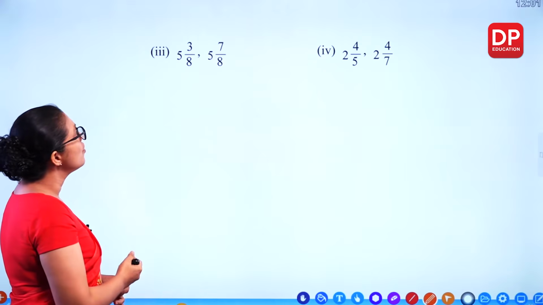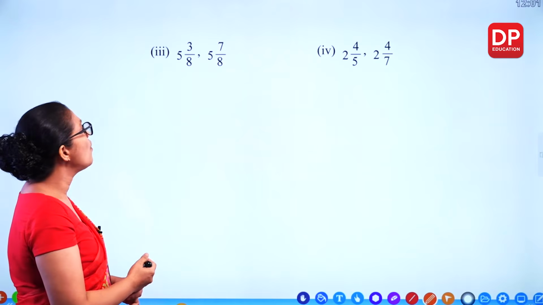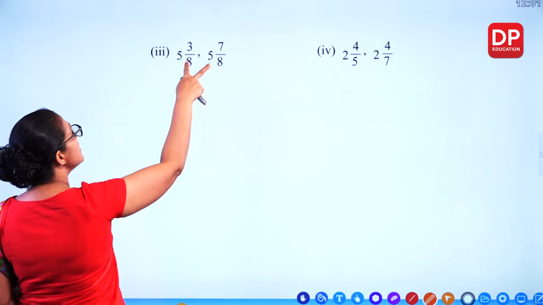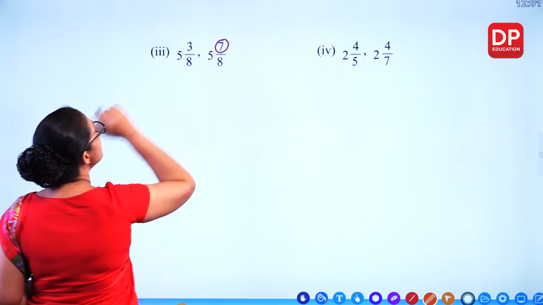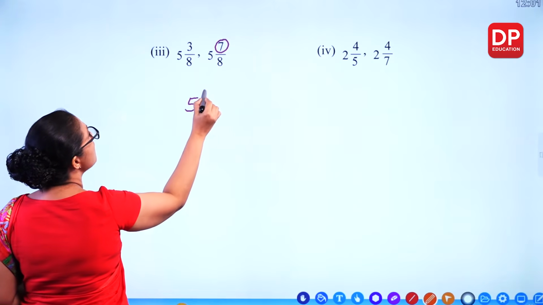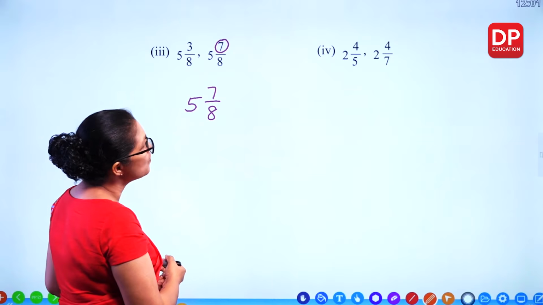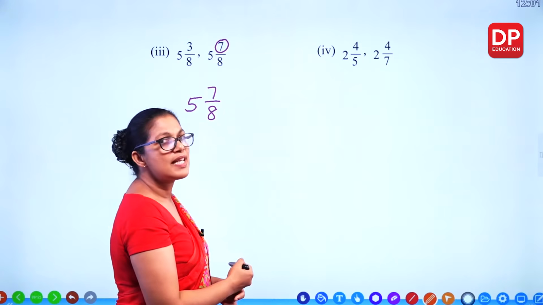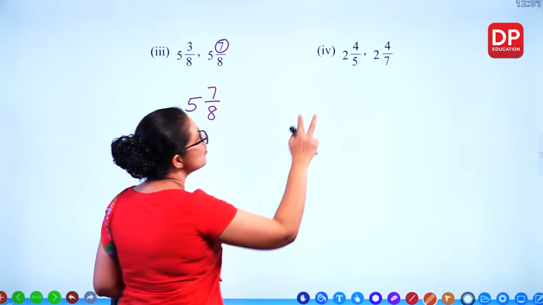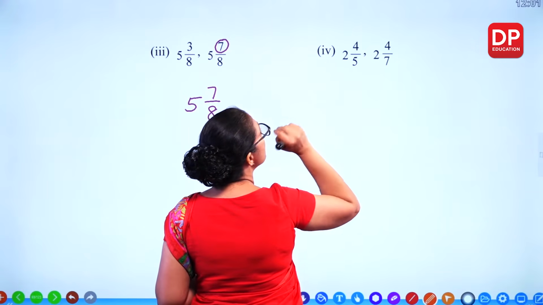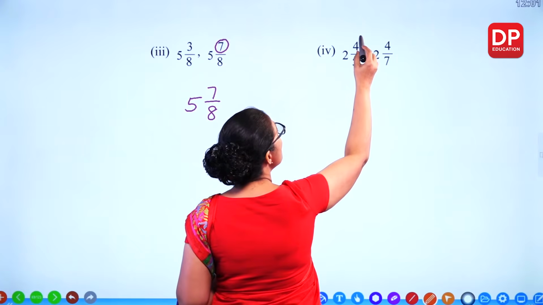These two, now we can't compare with the whole number. You have to look at the fraction. Same denominator, so 7 is bigger than 3. So 5 and 7 over 8 is the larger one. This one, the whole number is the same, so we can't compare with it, but we can actually compare.